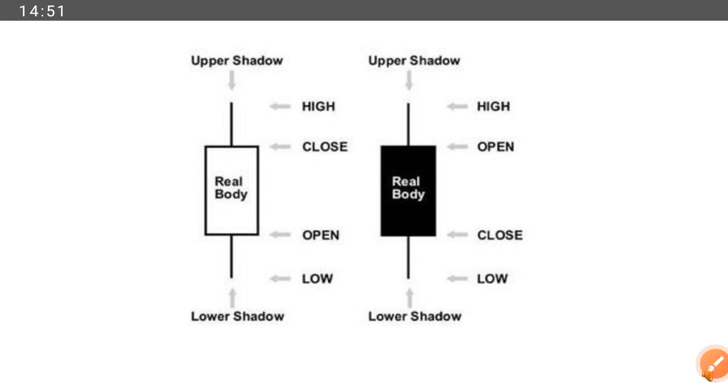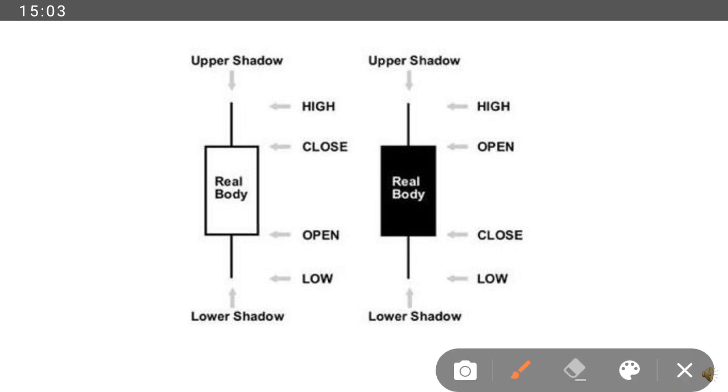Now, look at this white one. This is the real body. It's open here, just like I explained the other time. It opened here, but it didn't go up first. It first of all went down. After going down, it didn't close there. It started going up. Let me do it like this.